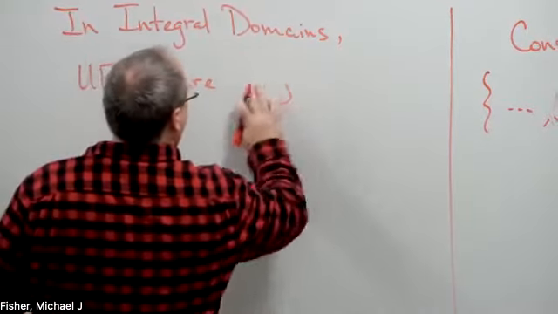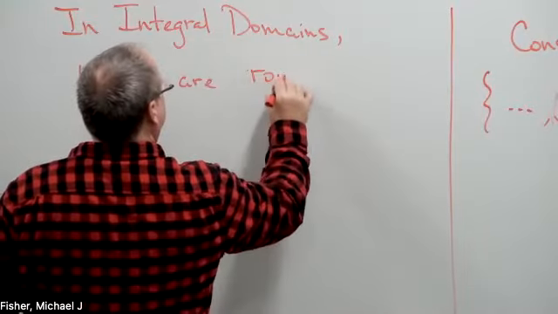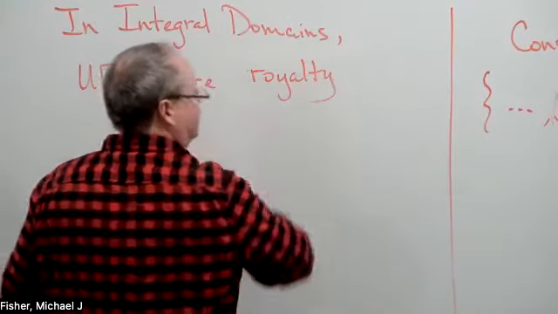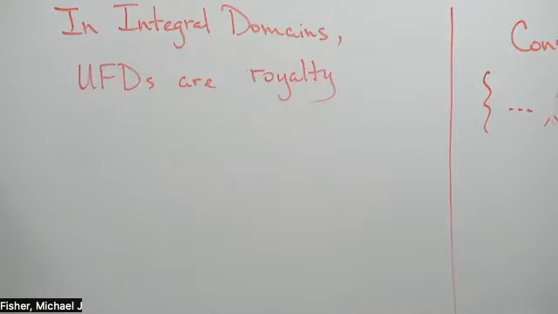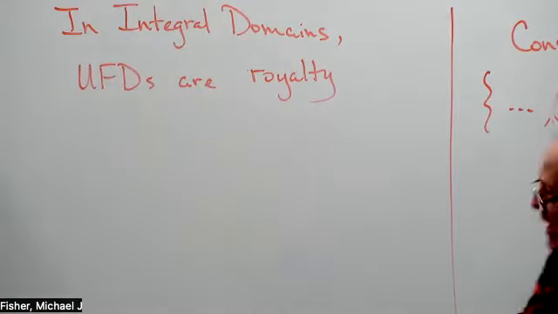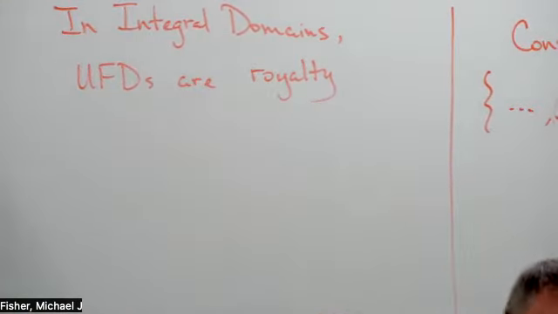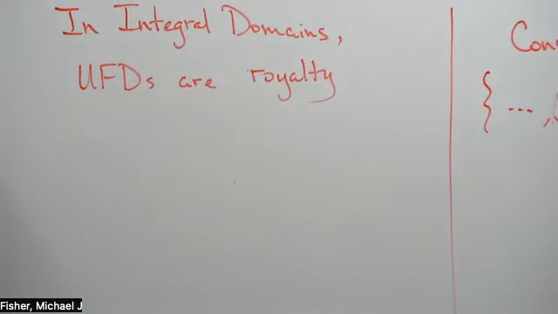Well, are royalty. How about that? How many of you have ever heard of UFDs? Maybe not. That means unique factorization domain. That's the bad part about community knowledge. There's too many letter things going on. But anyway, this means a unique factorization domain.